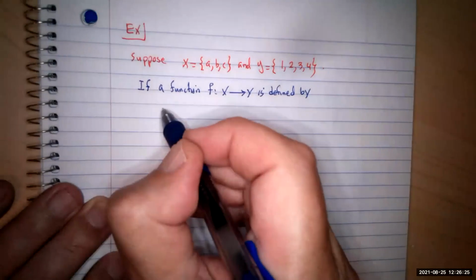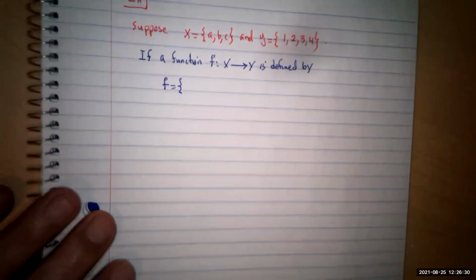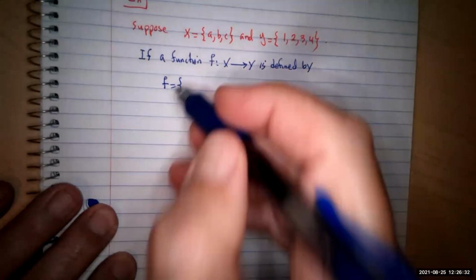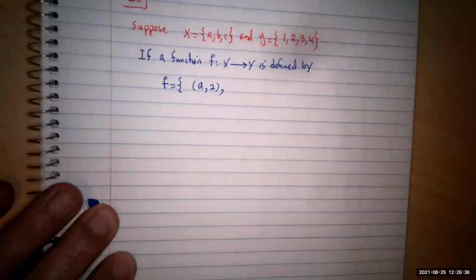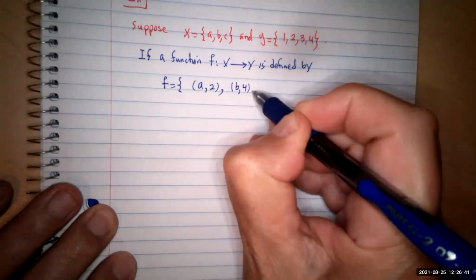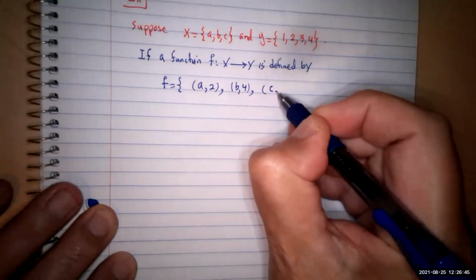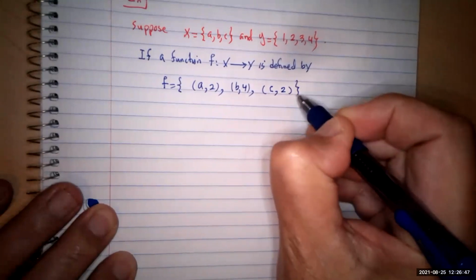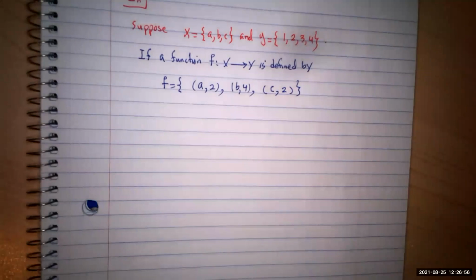They give you a set of ordered pairs: (a, 2), which means a is related to 2, (b, 4), and (c, 2). Okay, so we cover A, B, C, the domain, and there is no sharing for the first component, so it's a function. They call it a function.